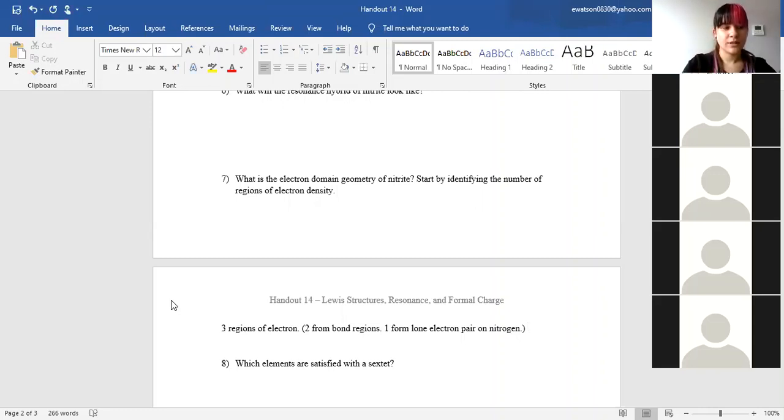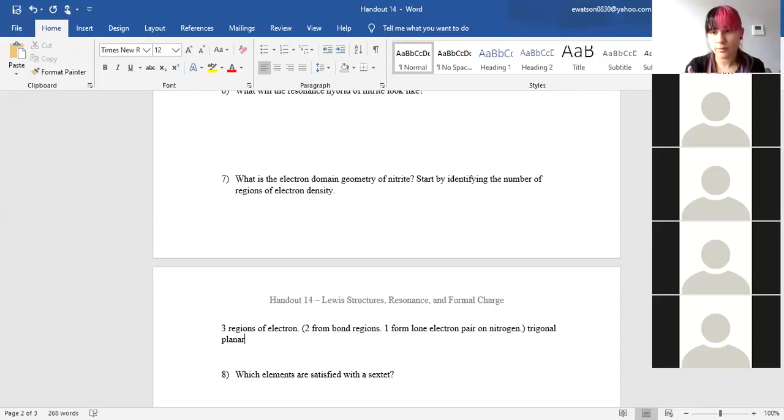The electron domain geometry is trigonal planar, and the molecular geometry is bent because you have one lone electron pair. So the full geometry, if she just asked what's the geometry, is trigonal planar bent.